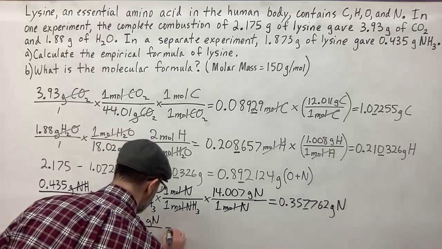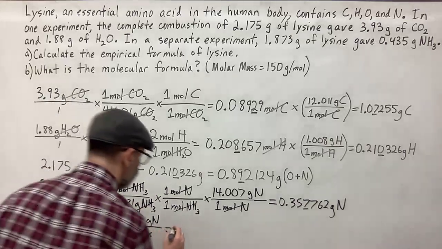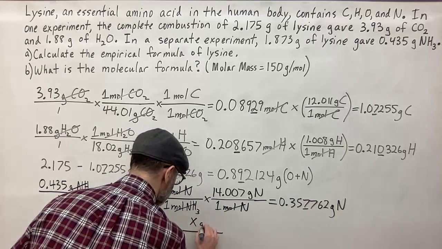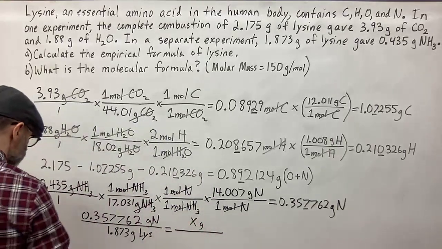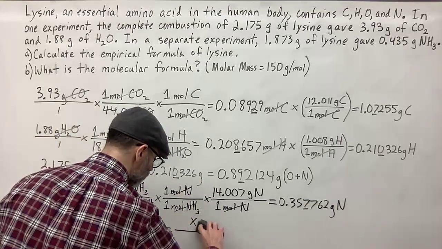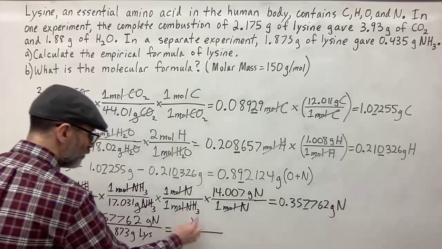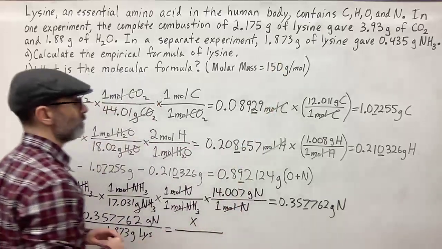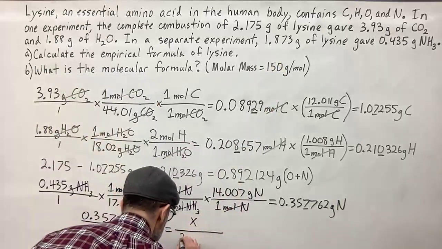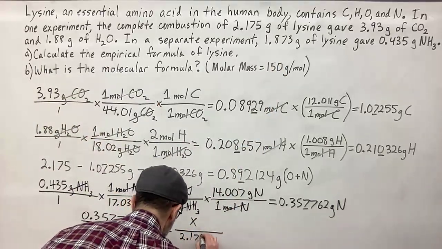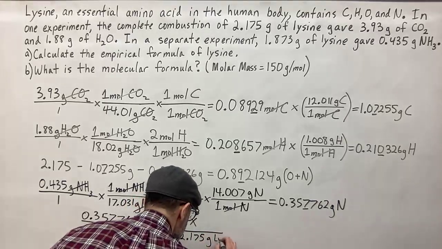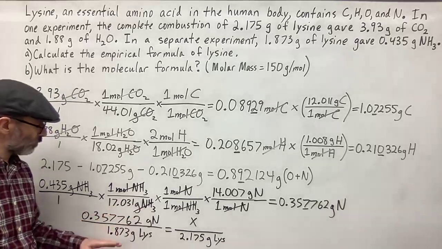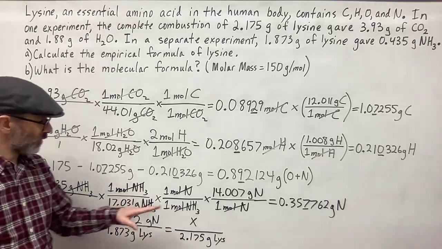That fraction is going to be equal to an X amount of grams of nitrogen for this sample, 2.175 grams of lysine. So I have the gram amount from this sample, but I want the gram amount from this sample.